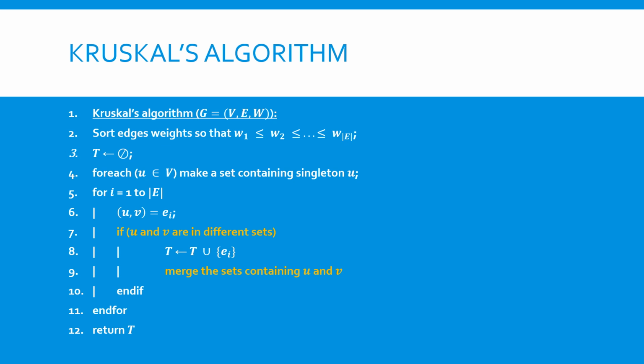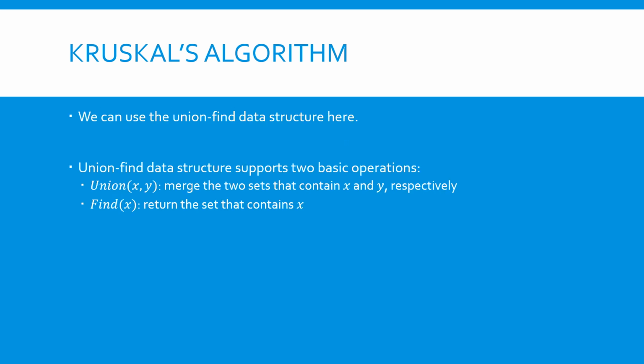Now, let's look at Kruskal's algorithm. The key to implement this algorithm is determining whether the nodes U and V are in the same set. And we also need to merge two sets efficiently. For this purpose, we can use the union find data structure, which is also known as the disjoint set data structure.